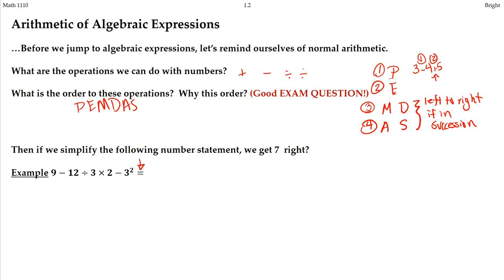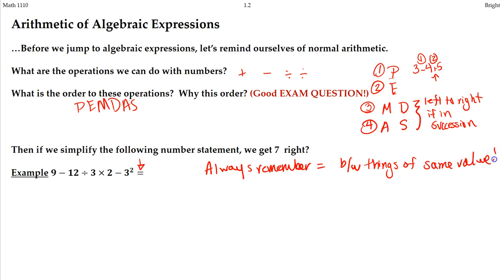Every time you're making a simplification, always remember the equal sign between, and that's my abbreviation, things of same value. Number one thing I see students forget is the equal signs, and I will hound you for this. Make sure to remember equal signs.